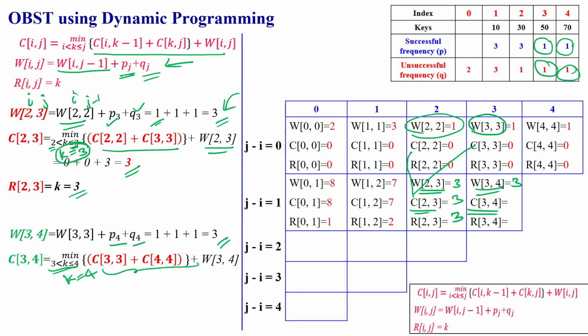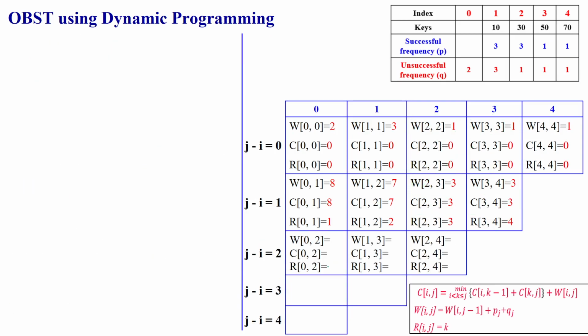Then when you are substituting this in this formula, you are getting this term. Then you see it is getting the values of previous two steps, right? So 0 plus 0, plus this one is 3, so you are getting 3. So now c of 3 comma 4 is 3. Then which value is giving you 3, k equal to 4. So that will be written here, k equal to 4.